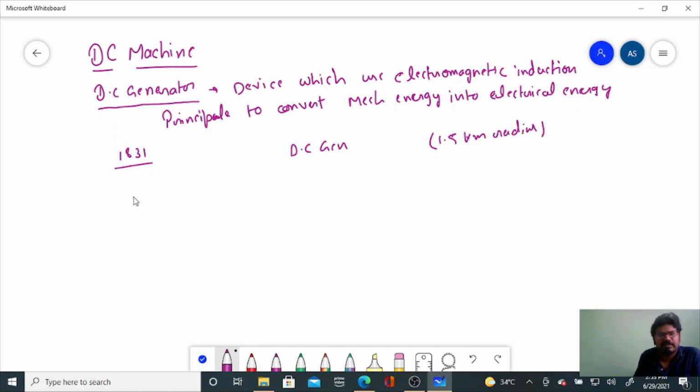And later in 1880, the first power plant was established in the Pearl Street of New York by Thomas Alva Edison.